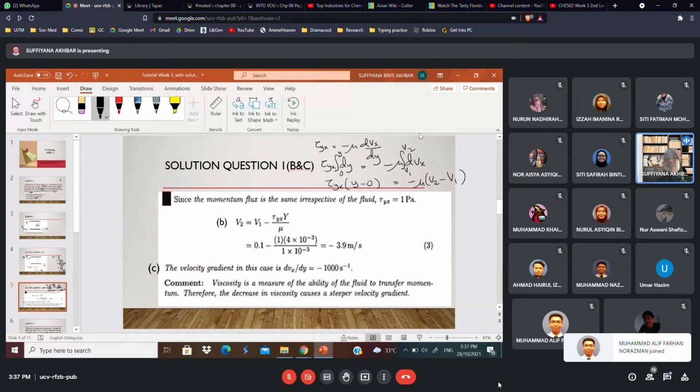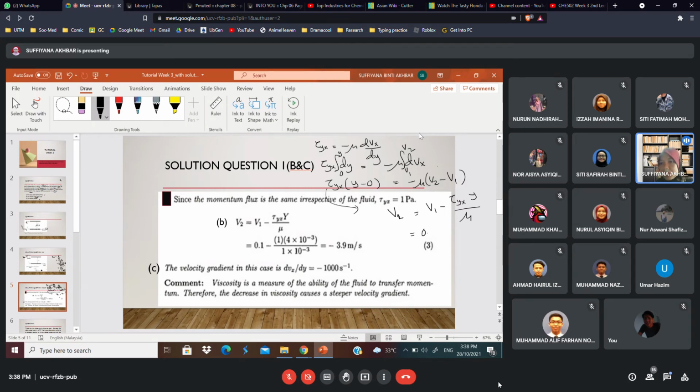Rearrange this equation. Finally, our target is V2, the upper plate velocity. So V2 is equal to V1 minus tau yx times y, divided by mu, since y minus 0 is y. Then substitute all the values given.